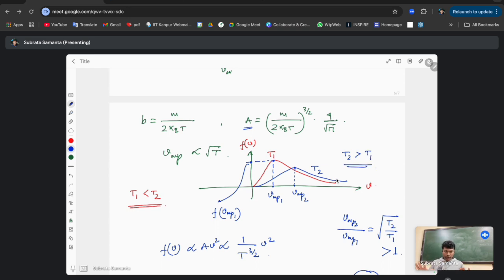So when you draw a curve, I mean the distributions for different velocities or different temperatures or different molar mass, you first consider the points where the maxima shifted, left or right, and whether the values of the function increase or decrease. If you note these two things, you can draw a curve.